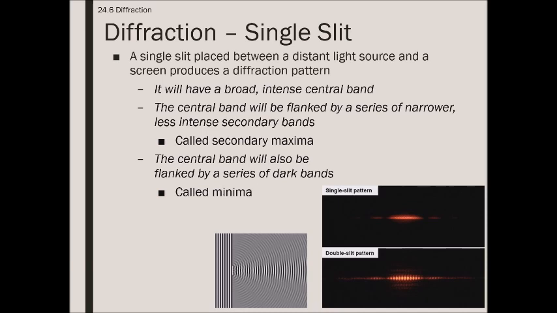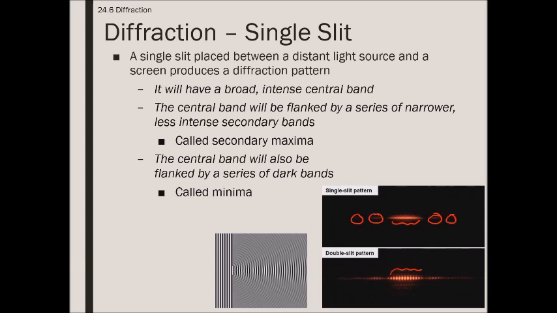You'll notice that the pattern looks very similar to double slit diffraction. We have this wide central maxima. For the double slit, it's divided up into little bits because of the interference from the other slit. But here we have a very wide, constant central maxima, flanked by lighter maxima on either side.